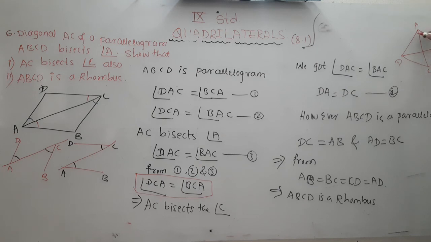Show that AC bisects the angle A as well as angle C, and in the same way BD bisects the angle B as well as angle D. It is the same as this one. I hope you can do it.